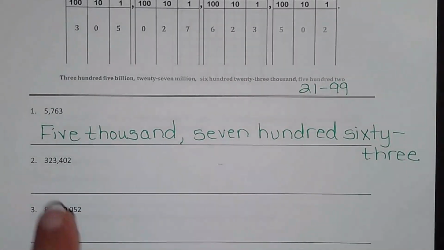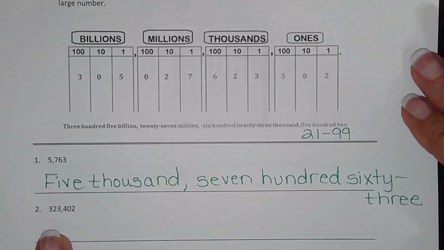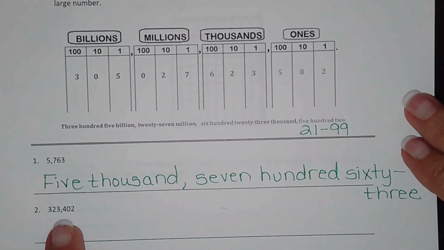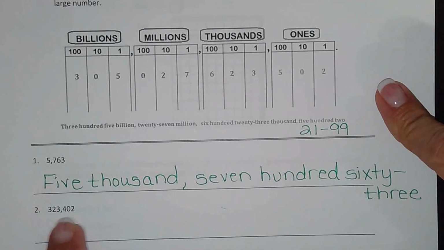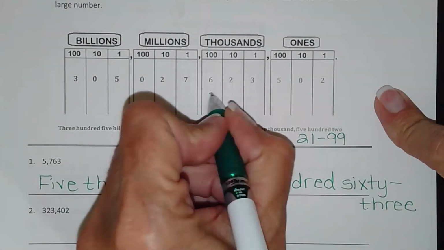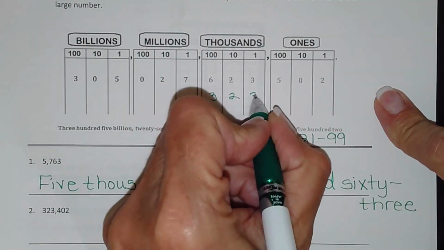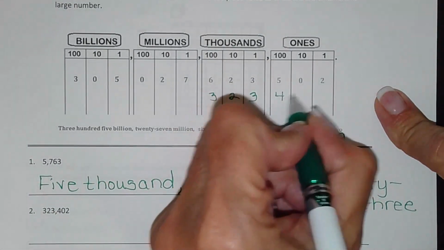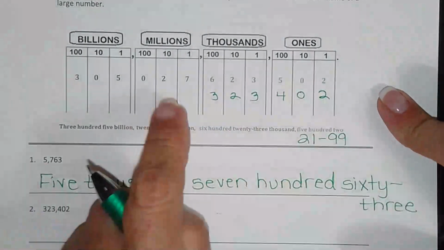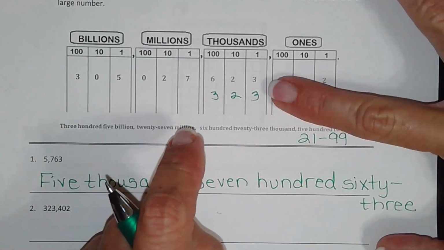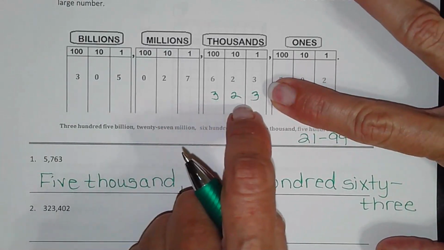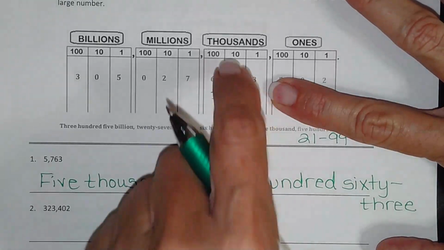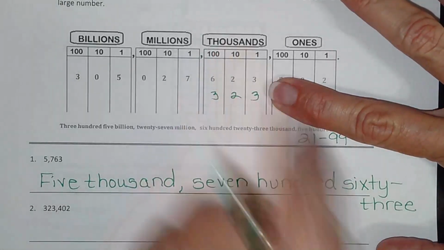So up here, if you wanted to put this in the place value chart, you could. 3, 2, 3. And then 402. So how you read larger numbers is you just do 3 numbers at a time. So this is read 323, and then you say 1,000.